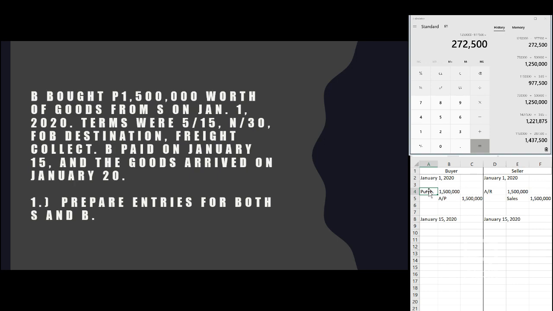So, pwede lang mag-record si buyer ng purchases kapag dumating na sa kanya yung goods. Kailan ba dumating sa kanya yung goods? Dumating yung goods on January 20. So, basically, guys, for January 1, erase natin lahat. Ang sagot here will be no entry. Wala tayong entry dito, kasi nag-usap-usap lang sila dito.